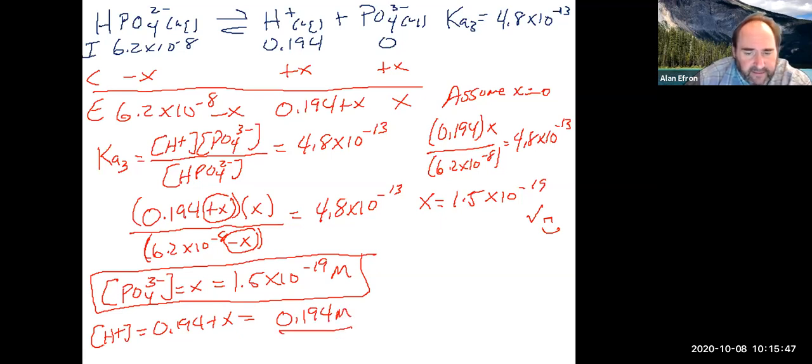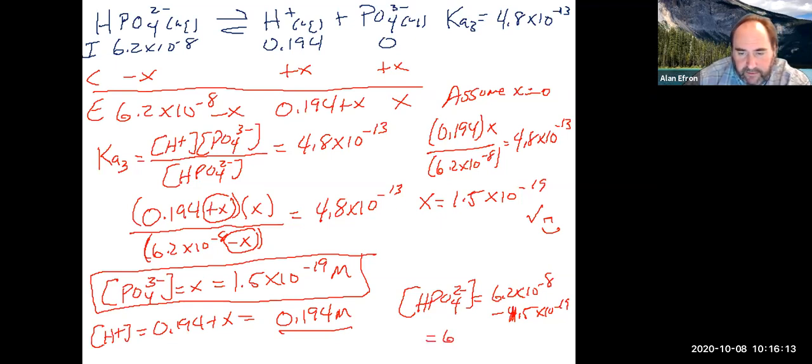And if you did the same thing for our HPO4 2 minus and took the 6.2 times 10 to the minus 8 minus our 1.5 times 10 to the minus 19, you are still going to get the same number that you had previously, and we will end up with the same value, which is 6.2 times 10 to the minus 8.